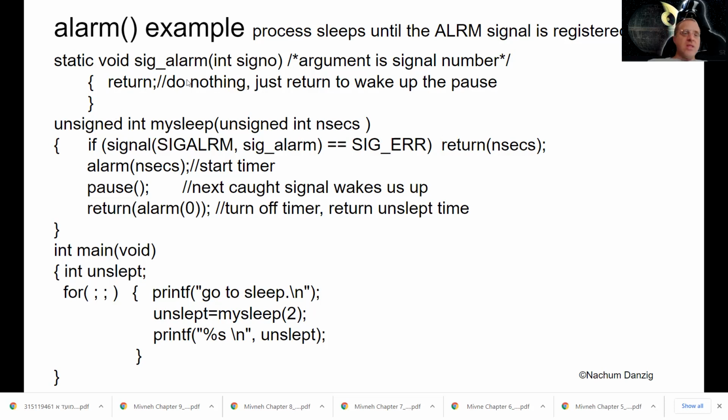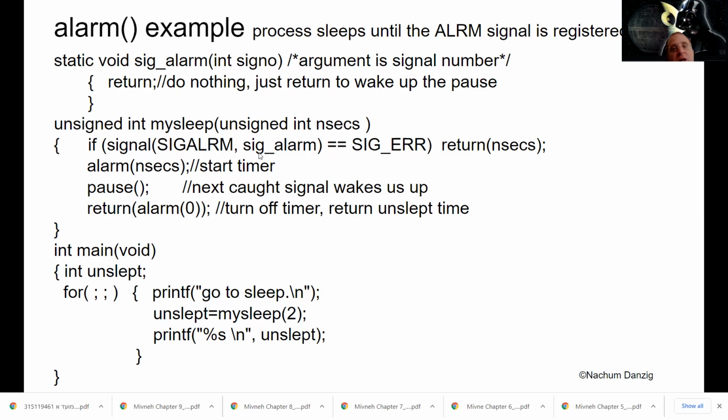Okay, that's sig alarm. Then I make a function called my sleep. In this function, I say the SIGALRM signal, if I receive it, then go and do this function called sig alarm, which actually does nothing.